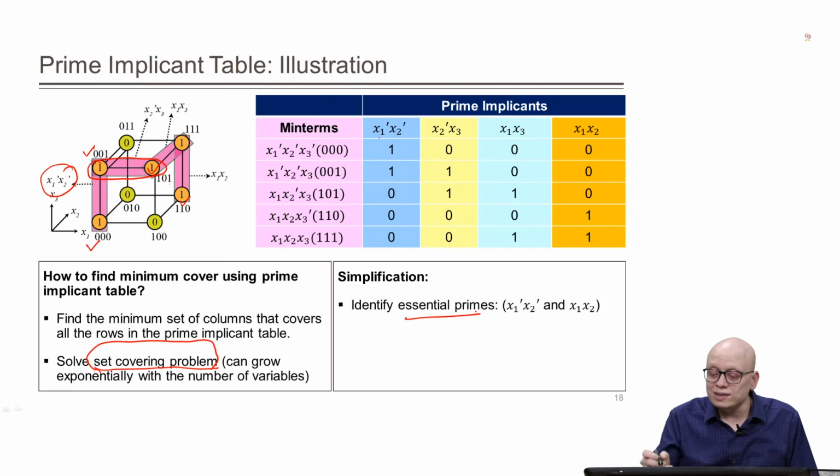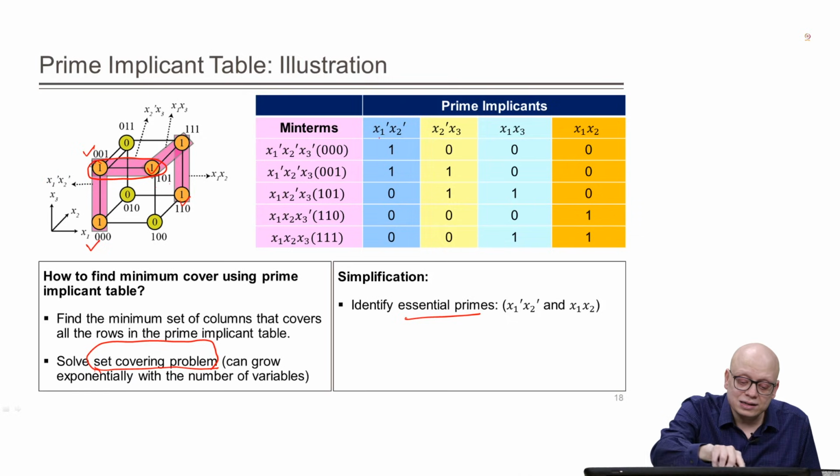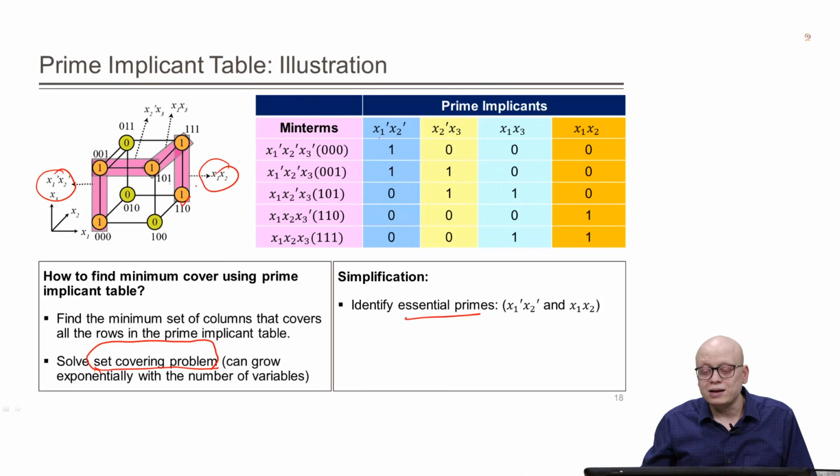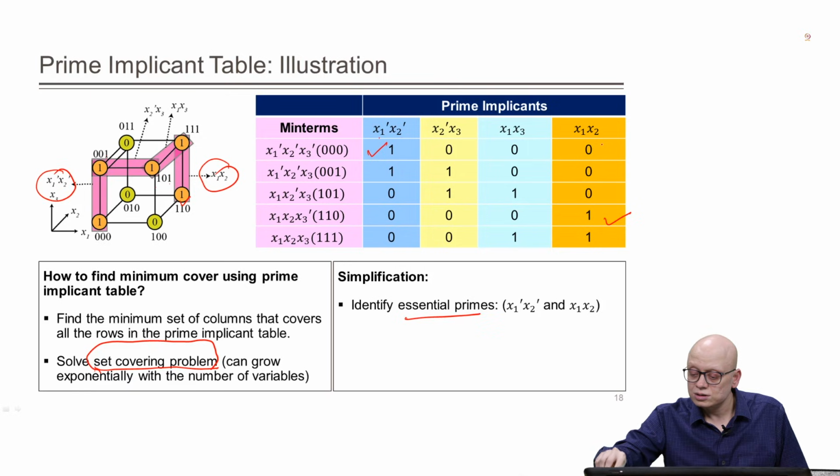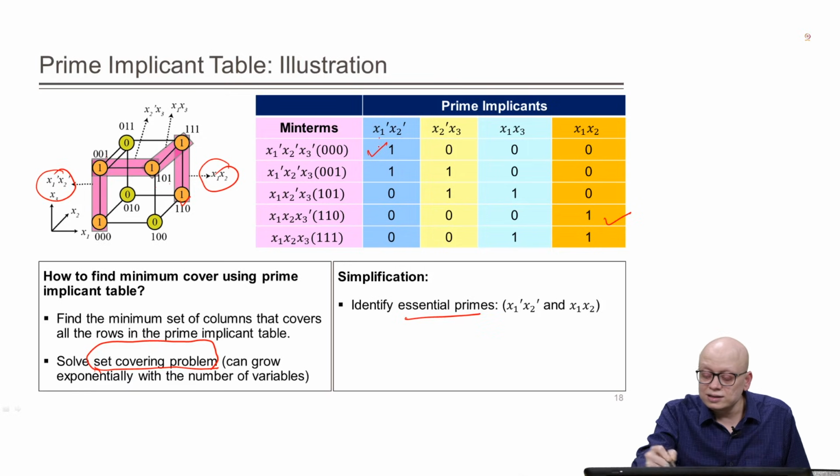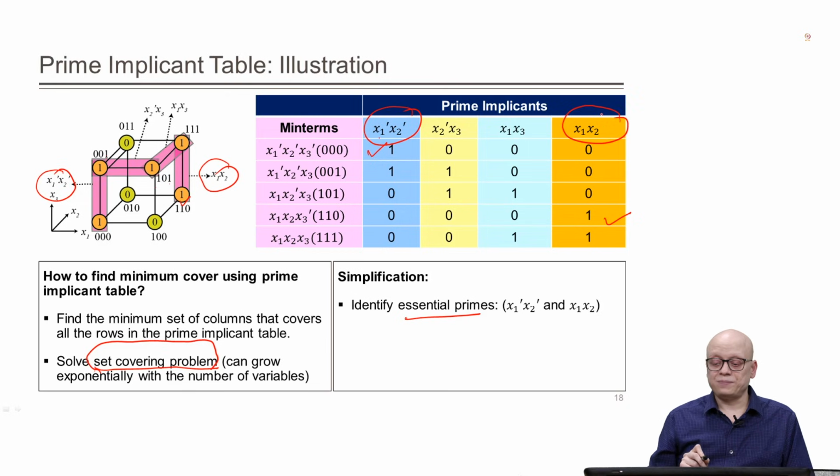In this case we had seen earlier that this prime and this prime were essential primes. Why? Because this corner was covered only by x1 dash x2 dash, and this corner was covered only by x1 x2, and therefore these two primes will always be there in the cover.